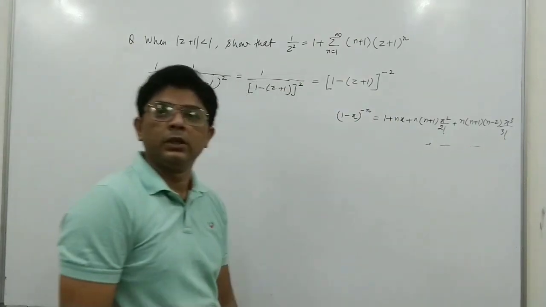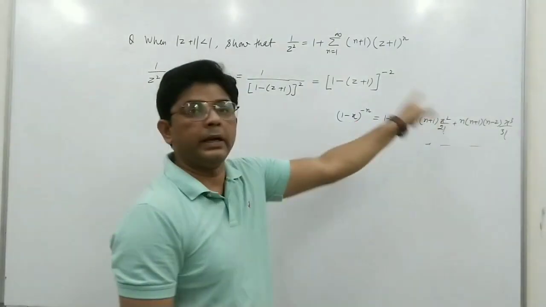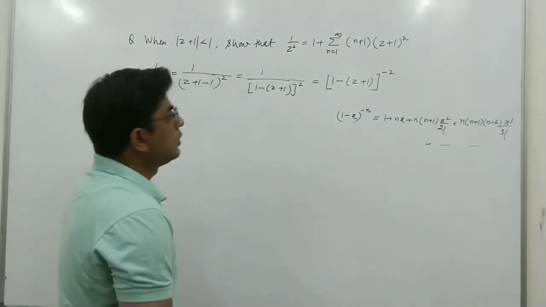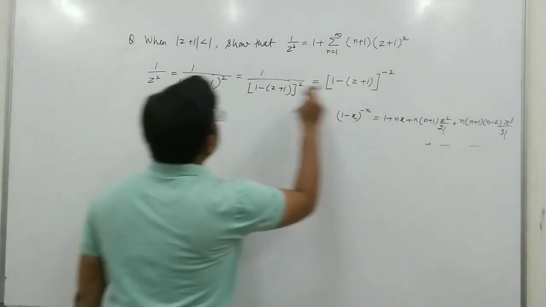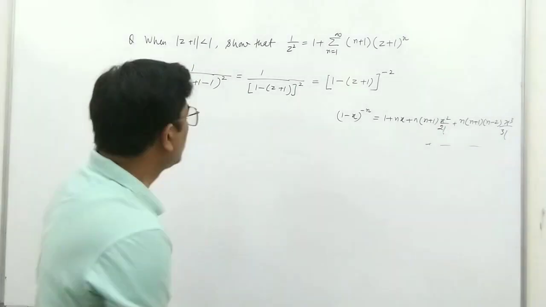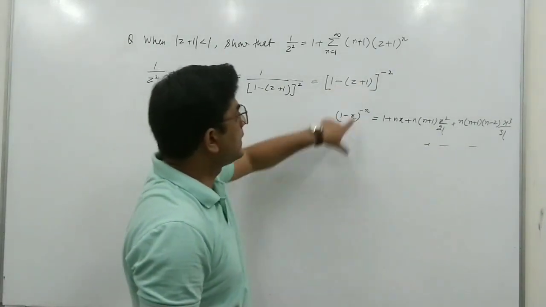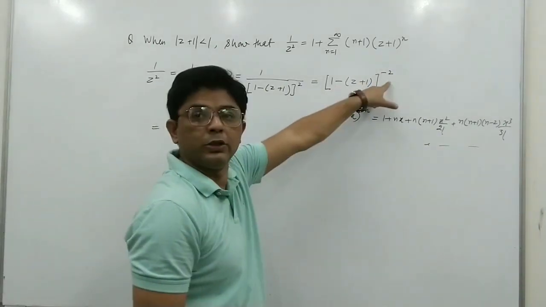This is the expansion if we have a negative sign here and if we have the negative power, then we can write the expansion in this form. And here also we see that mod z plus 1 is less than 1. So we can use this binomial theorem. Okay, so now we write the expansion. Here x is z plus 1 and n is 2.